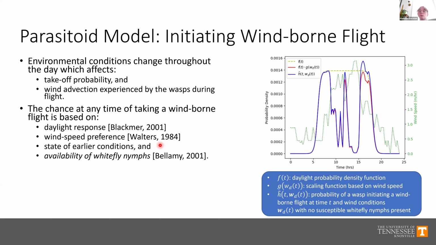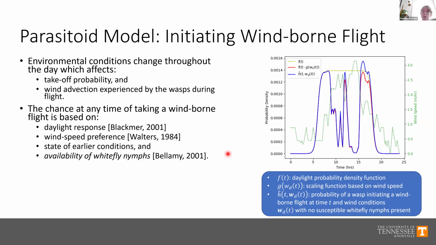And then, like I said, if it wasn't as favorable earlier in the day, it's going to be maybe more favorable later in the day. So that gives us this blue function right here, which is the probability of a wasp initiating a windborne flight, given that there's no susceptible whitefly nymphs present.